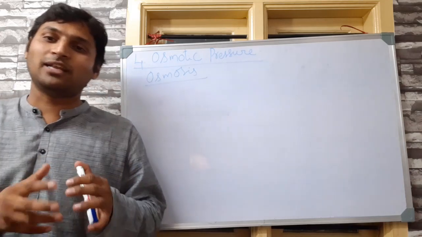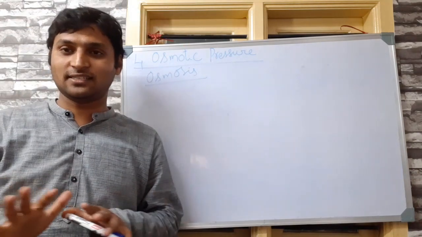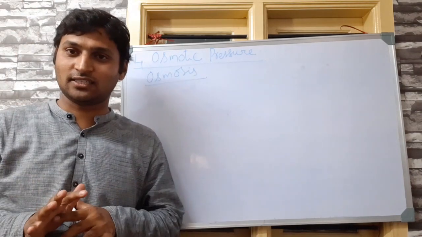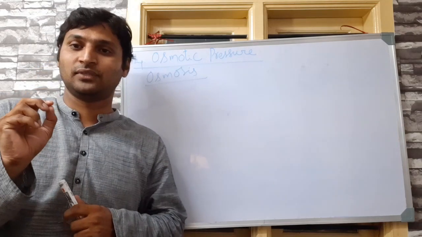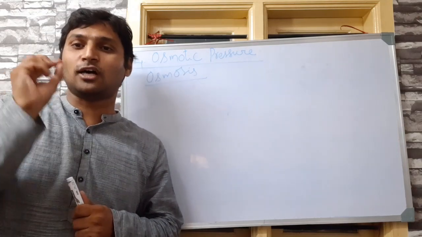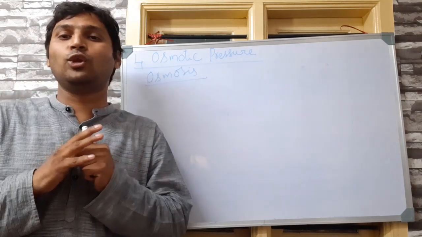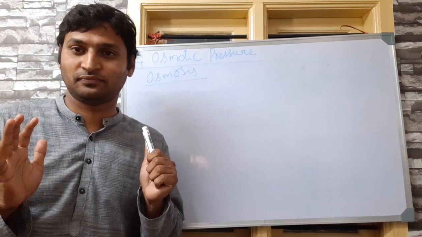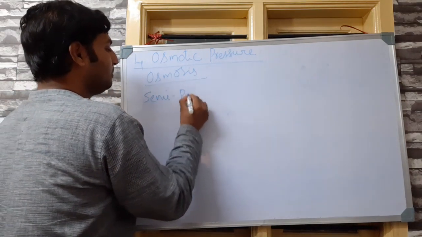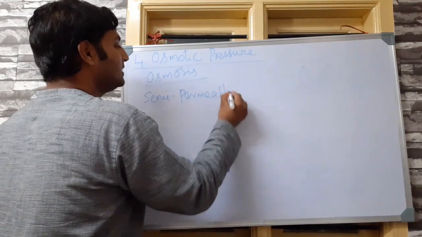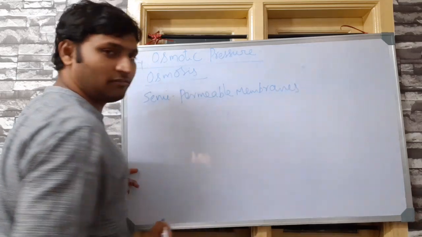All these membranes we are considering are huge sheet-like structures which contain submicroscopic pores or holes, such that only solvent molecules can pass through them, solute molecules cannot. Such membranes are called semi-permeable membranes. You must have heard of them many times.